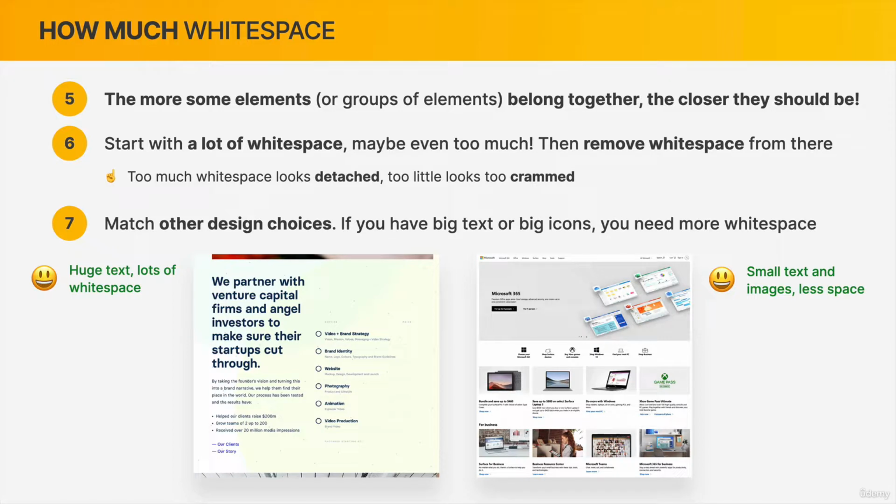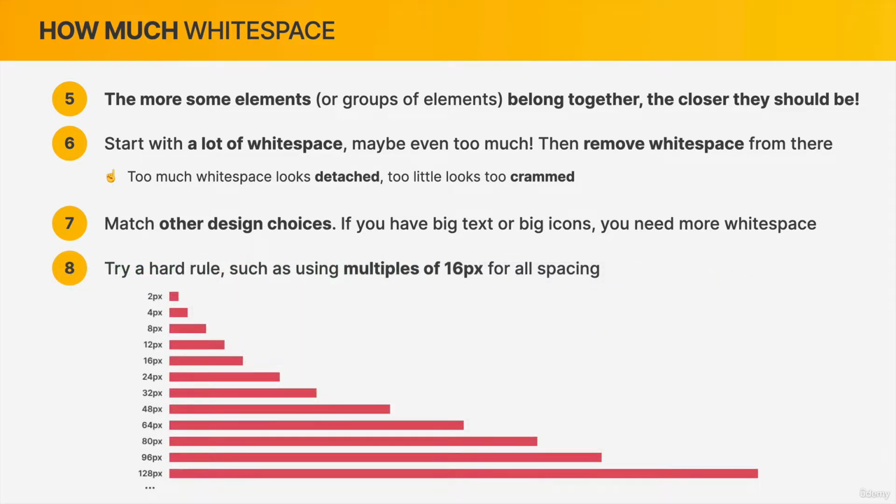And now finally, when it comes to actually choosing the values for your white space in CSS, you can try to follow a hard rule just like we have been doing with the font sizes. Now, of course, you should not use the same rule as we used in typography, because that one is specially adapted for text.